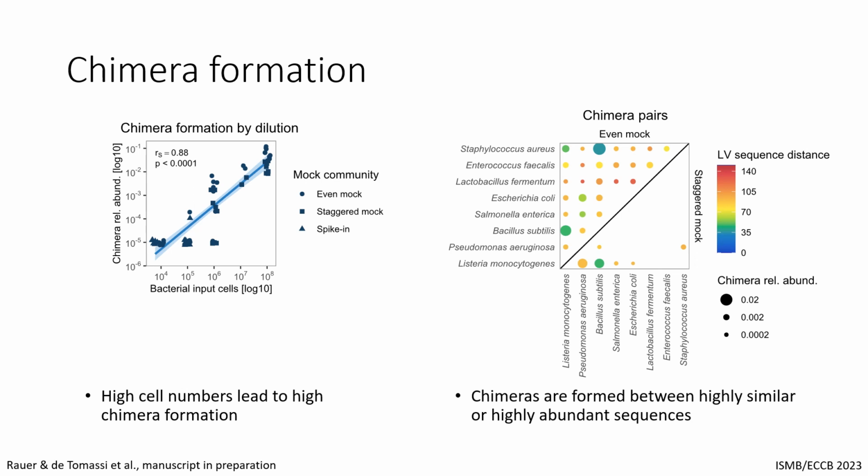We further investigated these chimeras and found that they are mostly formed between closely related species, as you can see in the upper left part of the plot. So for example, between Staphylococcus, Bacillus, and Listeria. And in the staggered mock community in the lower right corner, chimeras were mostly formed between the highly abundant species, as you can see on the left of the x-axis.